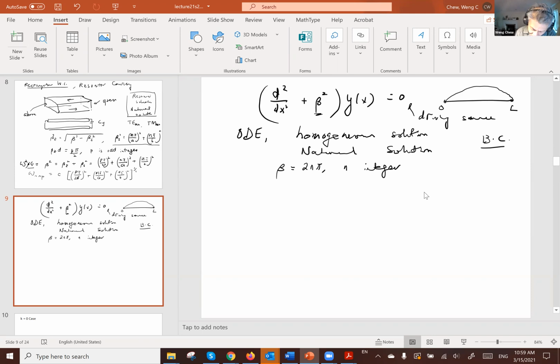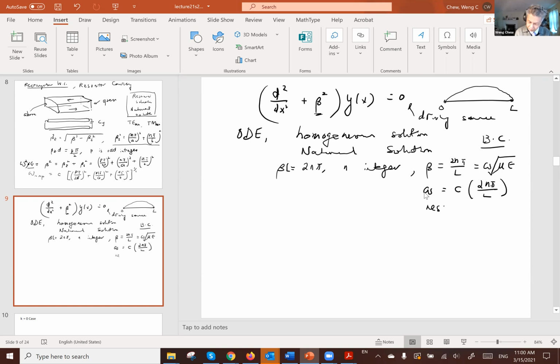Not beta, beta L is equal to 2n pi, L being the length of this resonator, and then beta would be given by 2n pi over L. If you solve this as a 1D transmission line problem, beta will be omega root mu epsilon. And then omega, which is given by c times 2n pi over L, those are the resonant frequencies.